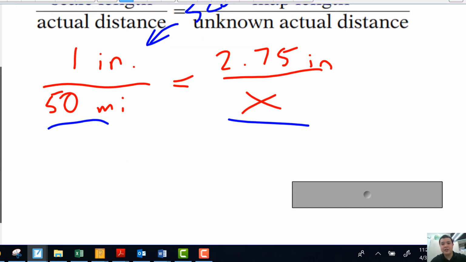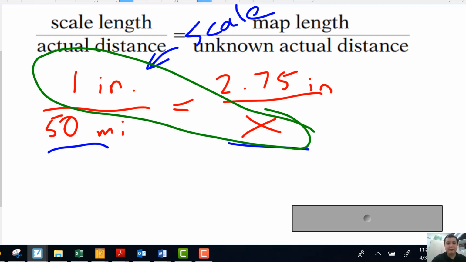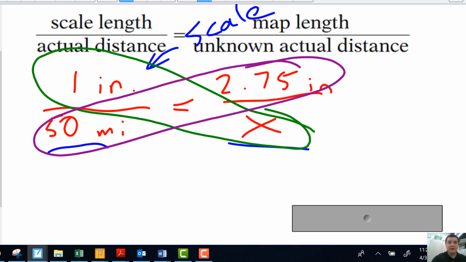And again, we're going to solve this in a very similar way to how we did in the last lesson, which is we're going to use our cross products. We're going to multiply the extremes by the means. And when we multiply the extremes, we get x equals 50 times 2.75.